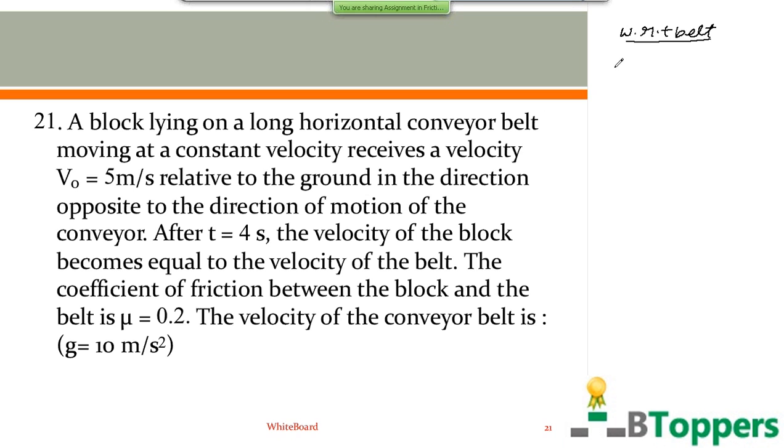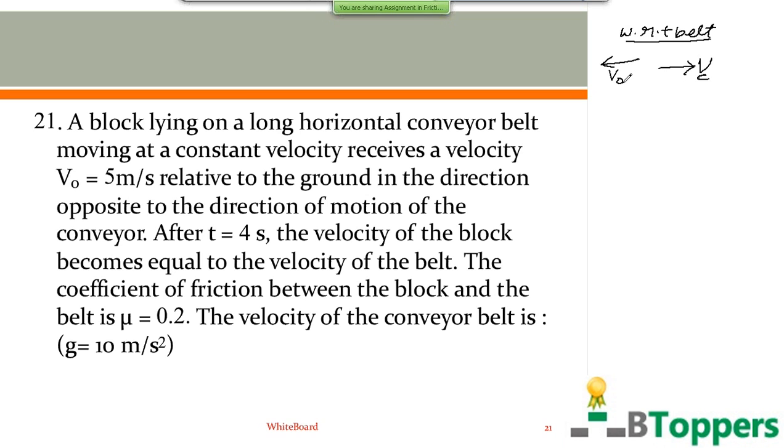So here, the velocity of the block is V0 directed opposite to the direction of the motion of the conveyor belt. The velocity of the conveyor belt is denoted by Vc.